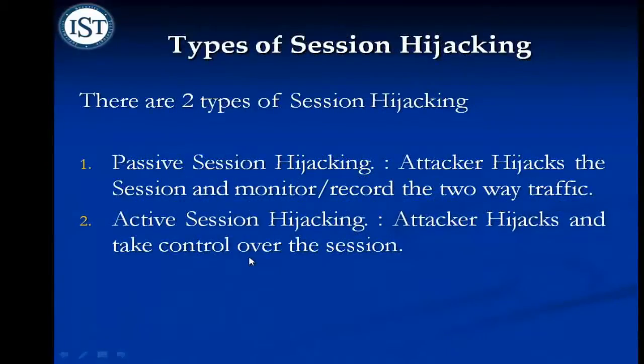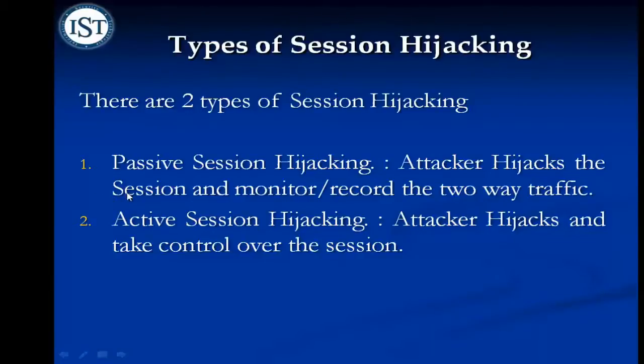Types of session hijacking. There are two types of session hijacking, one is passive and the other is active. In passive session hijacking, the hijacker steals the session keys or cookies and simply sits and monitors or records the two-way traffic between the victim and the computer with which a session is established.